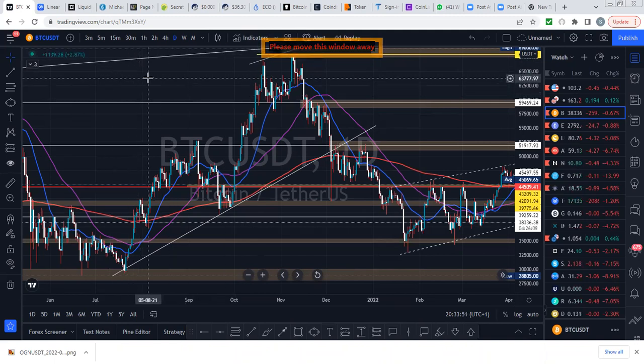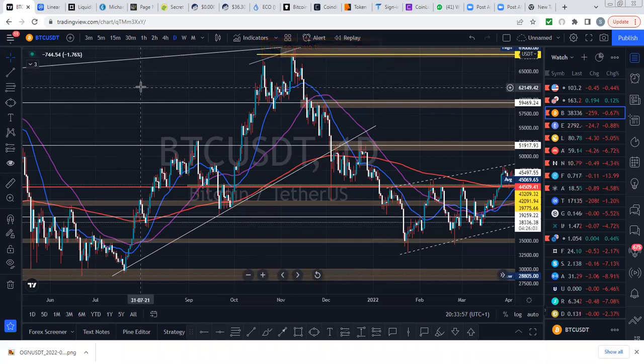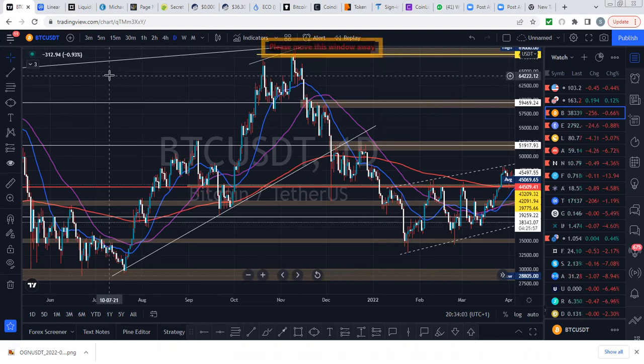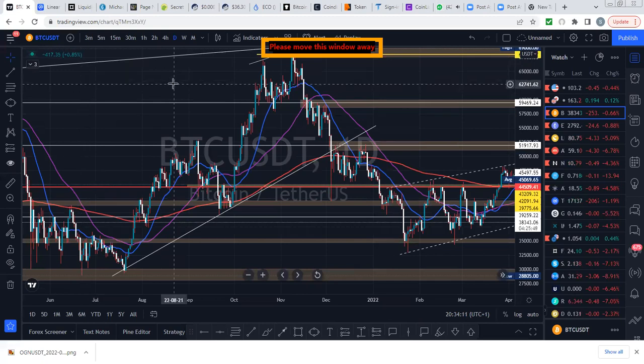MA and EMA. That's SMA, simple moving average. If you don't want to call it moving average, you can put simple moving average, SMA, and exponential moving average, that's EMA.